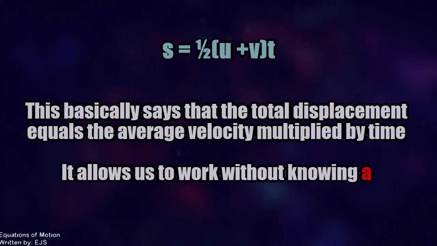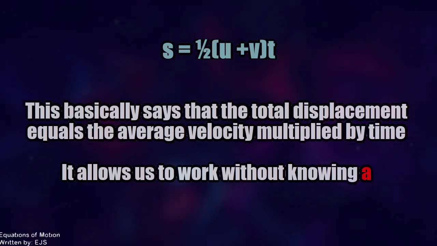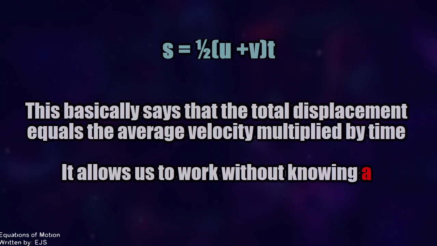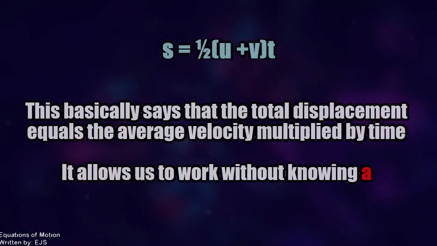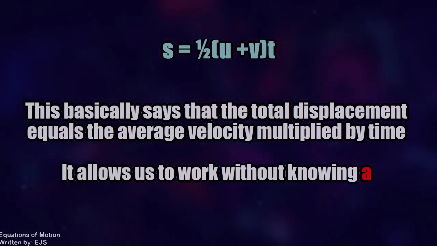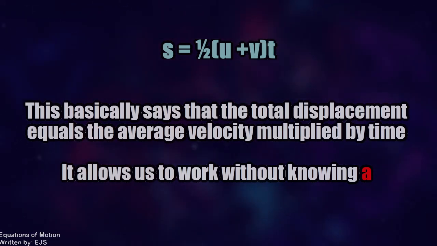So what this equation is basically saying is that the total displacement can be found if you multiply the average velocity by the time of the motion. And its unique selling point is that you don't need to know the acceleration. So if you want to find s or u or v or t and you don't know a, this is the correct equation to use.